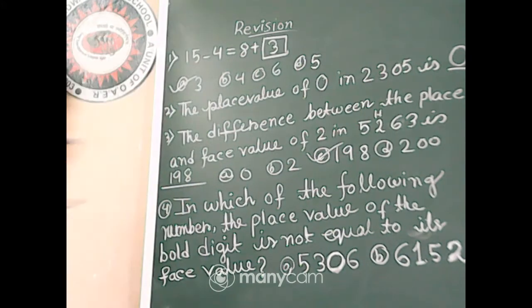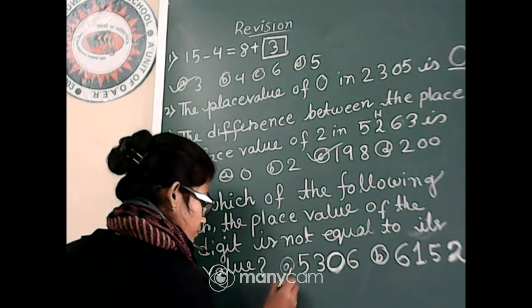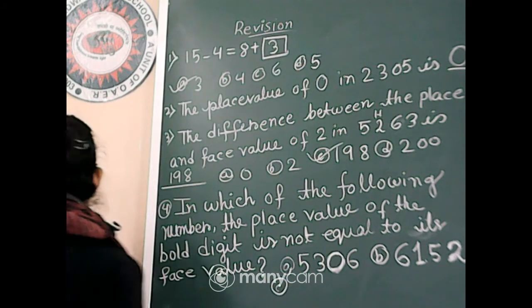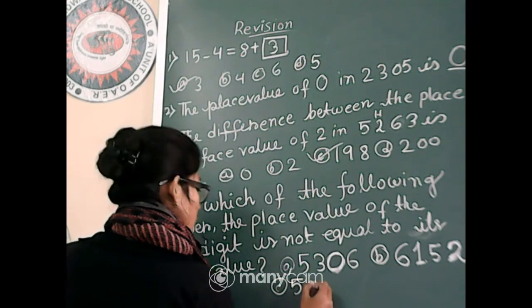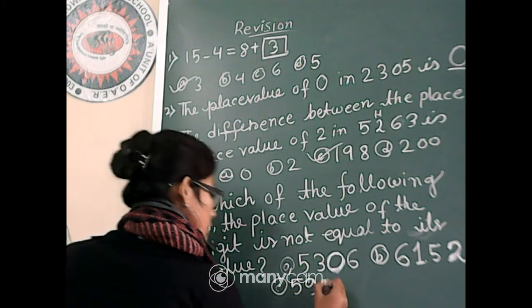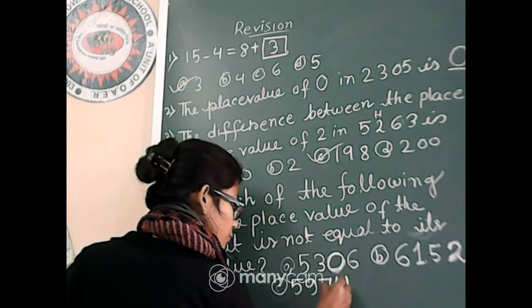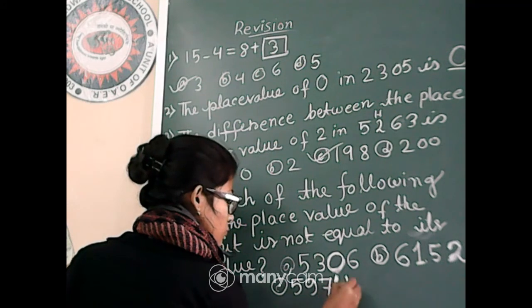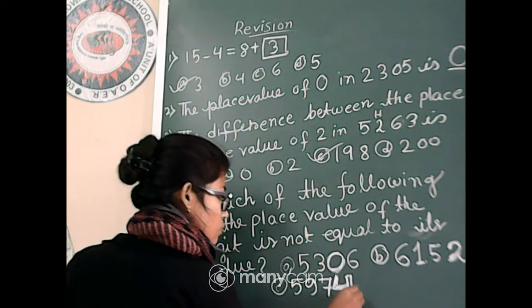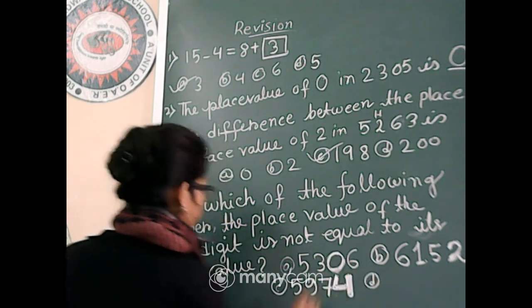Okay. Now, number C: 5974. So 4 is here in bold. And number D.